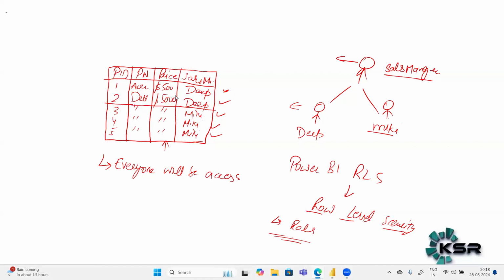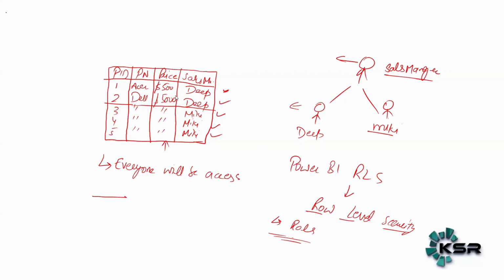Now, in relationships, why do we have that setting? Row level security works in a single direction only by default when we create the relationship. If you set the direction to both, and you want the row level security logic to be applied on both the tables in the relationship, then you have to check that setting.